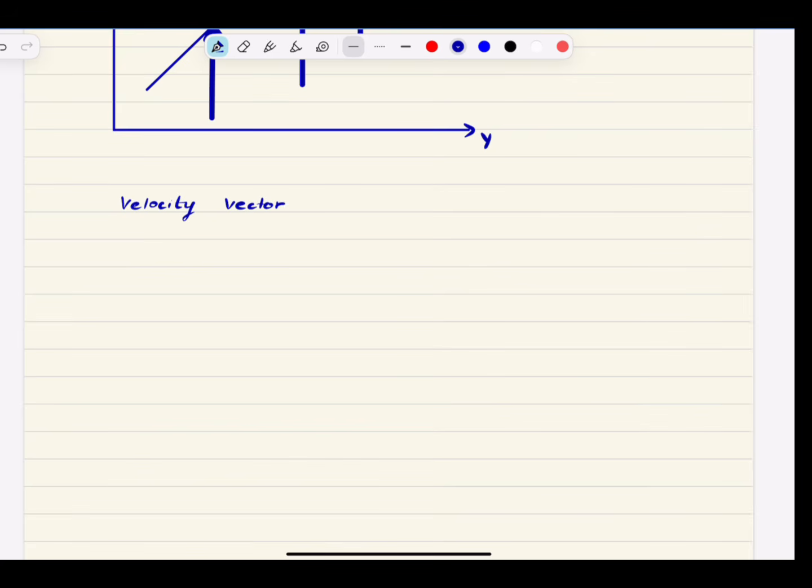We have output on the x-axis, so we're going to see the change in output over here, and the change in interest rate over here. This is always going to tell me either east or west, and this is going to give me arrows which are either north or south.